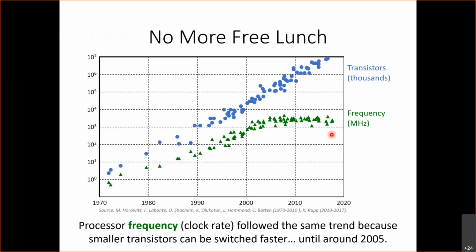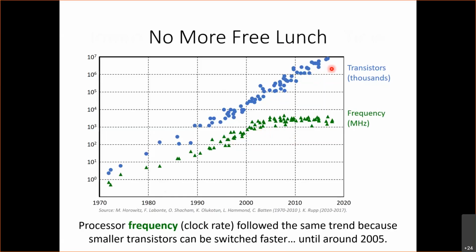Does anyone happen to already know, or maybe somebody mentioned this to you in an earlier course? Yes? We are saying that the area covering the transistor is getting smaller, because the transistors are getting smaller. Right, the transistors are getting smaller and smaller. That means in the same area, we can fit more transistors, exactly.